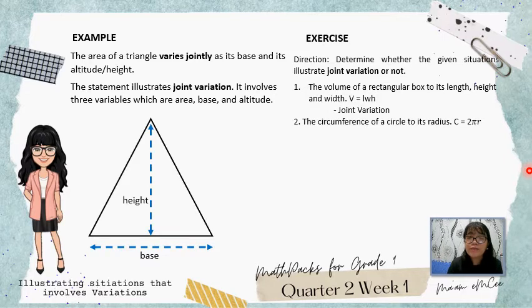Next, the circumference of a circle to its radius. So C is equal to 2 pi r. So how many variables do you see in this formula? So there are only two variables in this formula: the C, which is the circumference, and the R, which is the radius. This one is not a variable, but rather this is a pi.